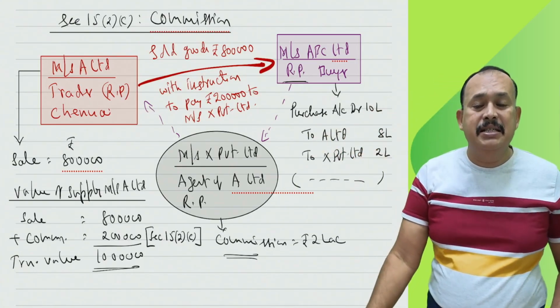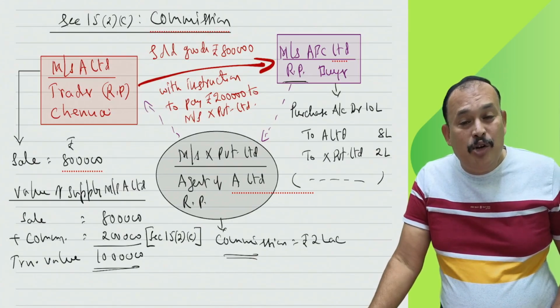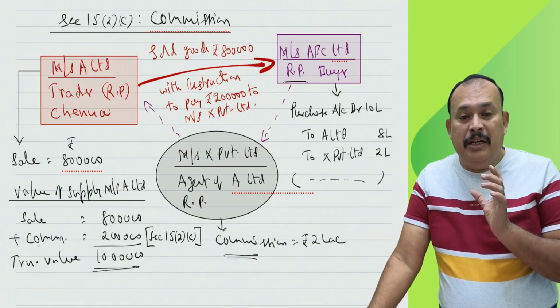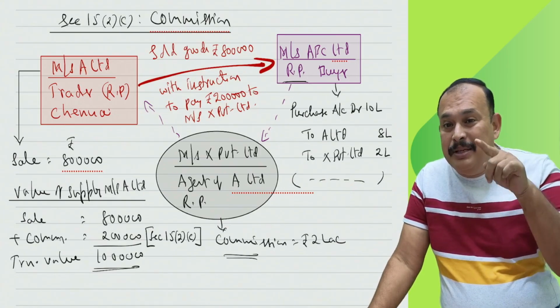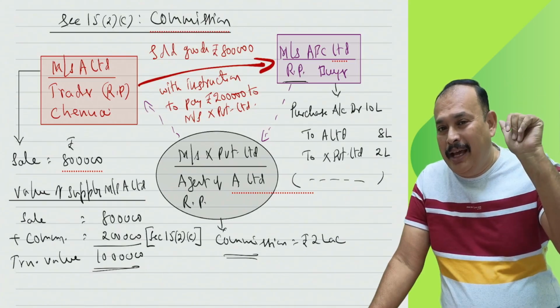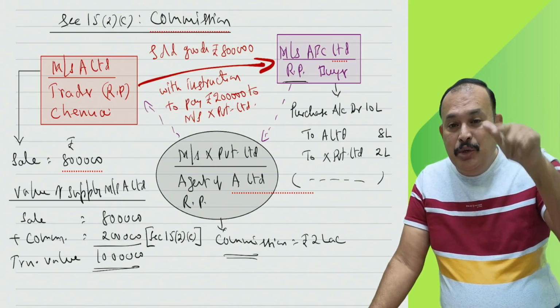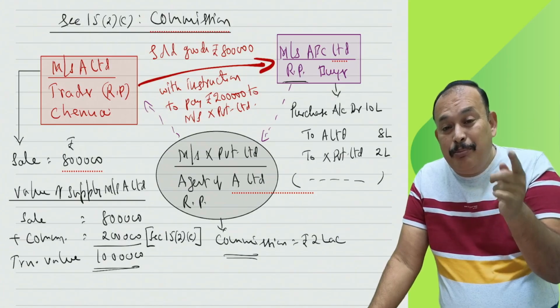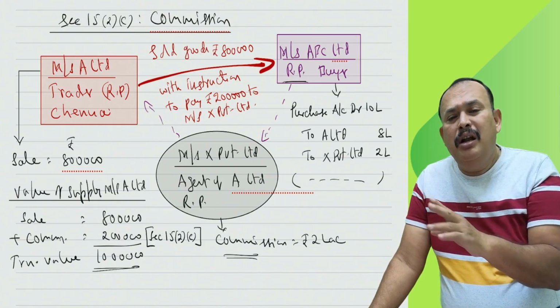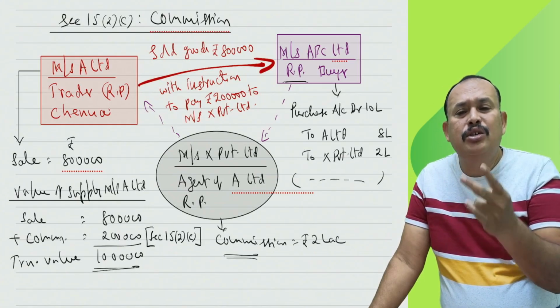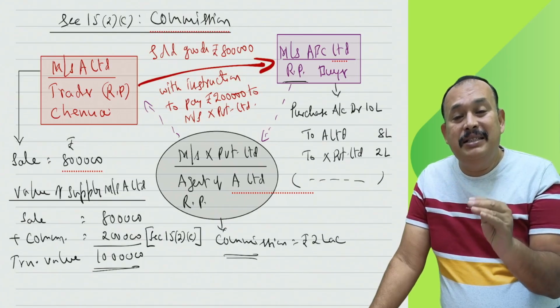In that given case, A Limited agreed to pay commission to X Private Limited. For such commission, A instructed ABC: "Hey ABC Limited, look here. Please make the payment of commission to X Private Limited, let us say in the given case 2 lakh rupees, and the balance 8 lakh rupees you pay to me."